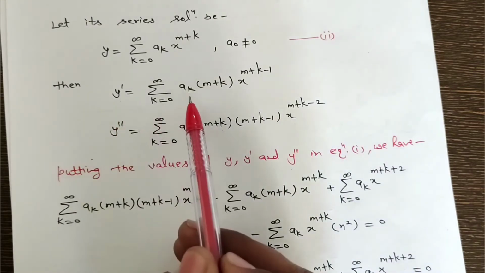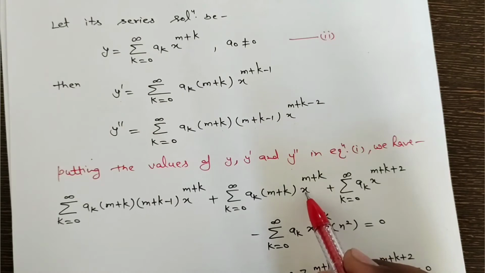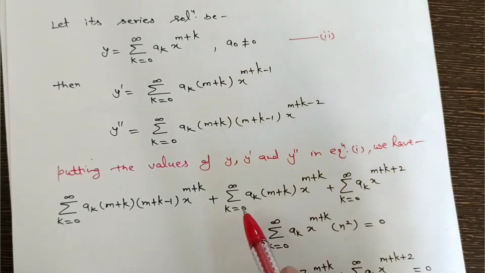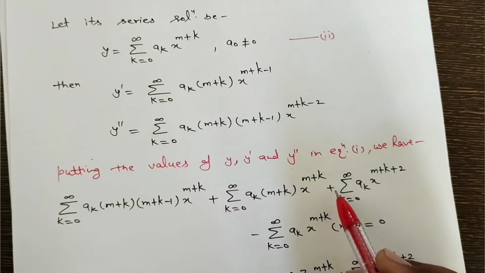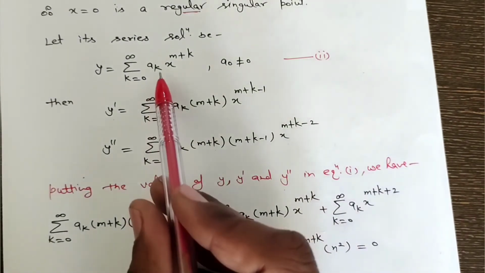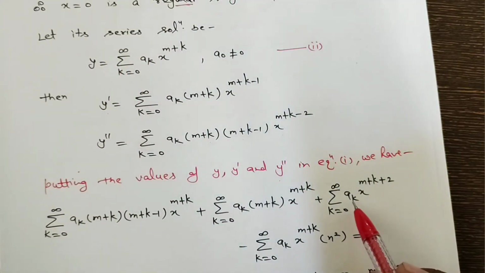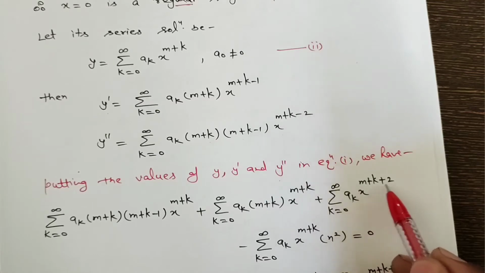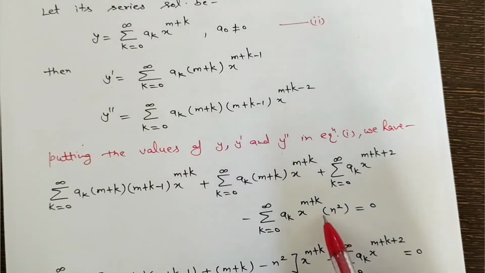After multiplying with x, this also has the power x raised to m plus k, with coefficients a_k (m plus k). The last term is (x squared minus n squared) y. After multiplying with x squared, this becomes a_k x raised to the power m plus k plus 2, minus n squared times y, that is a_k x raised to the power m plus k, equals 0.